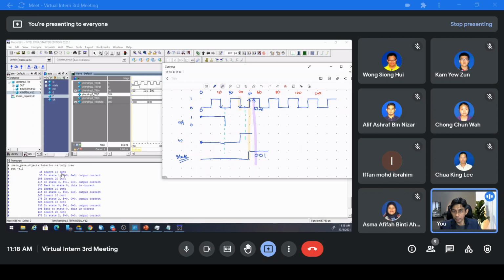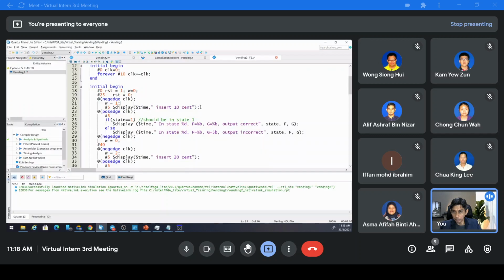At 45 we display insert 10 cent, exactly here. We want to display this at the 45 nanosecond.